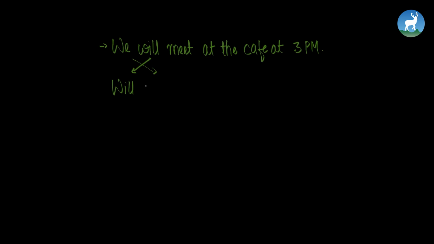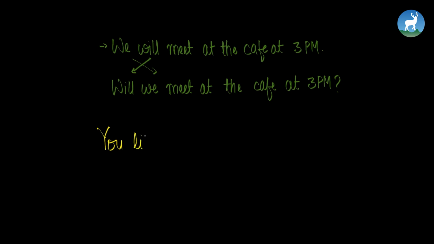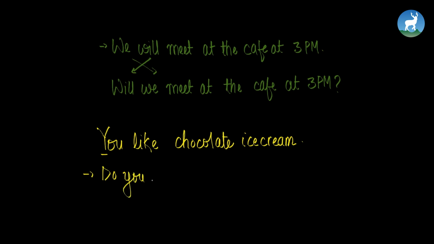Will we meet at the cafe at 3 p.m.? Alright, one more example. You like chocolate ice cream. Now, for "you", as we always use the plural form, we always use "do". Correct? Yes. So we'll begin the sentence with: Do you like chocolate ice cream?